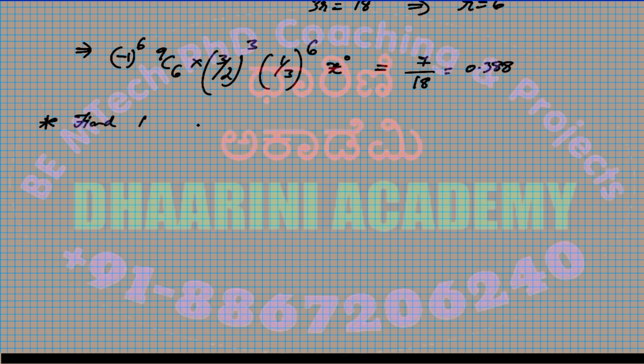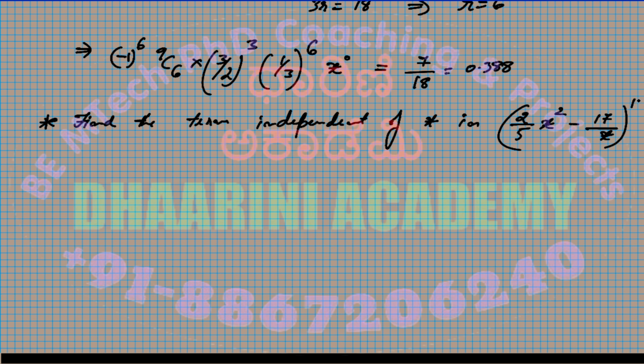Find the term independent of x in 2 by 5 times x squared, 17 divided by x raised to the power 11.